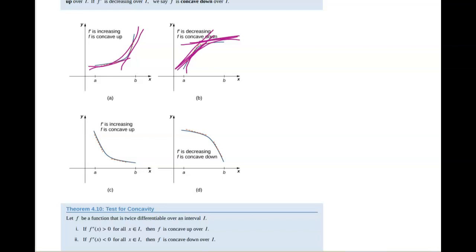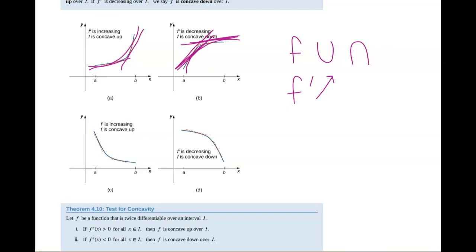And so I personally like to expand this into what I call the fun chart. See how it spells fun? So if my function is concave up, then I know that my derivatives must be increasing in value.